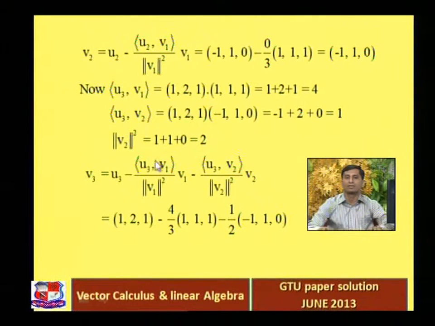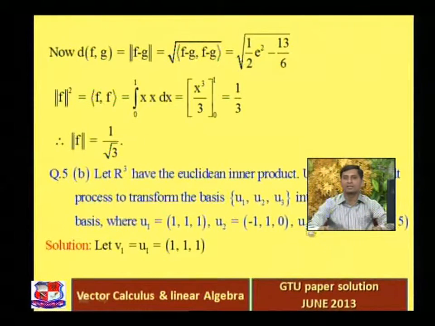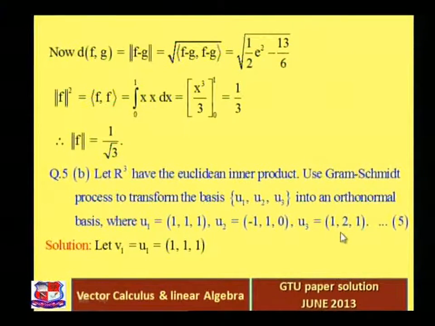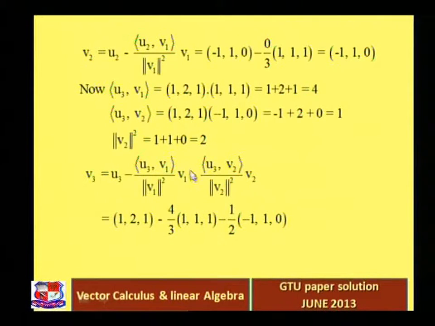Our u3 is (1, 2, 1) and v1 is (1, 1, 1). The inner product, using the Euclidean inner product, is just the dot product: 1 into 1, plus 2 into 1, plus 1 into 1. So 1 plus 2 plus 1 you will get 4. So inner product u3 v1 is exactly 4.